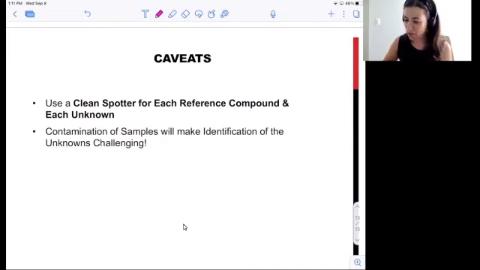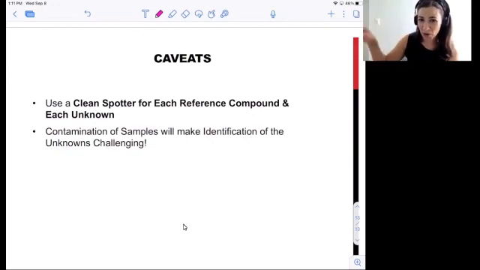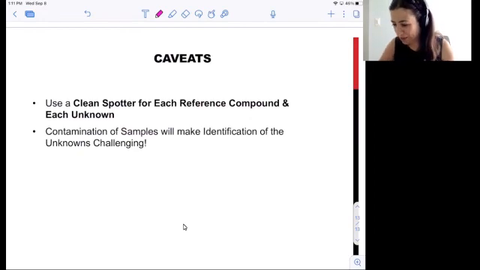But as a careful reminder, it's very important when you're using an analytical technique to determine how many compounds are present in a sample, that you use a clean TLC spotter for every new spot you make, and that you don't double dip or cross dip a spotter between samples. TLC is pretty sensitive. You only need a tiny bit of material. So if your spotter is even a little bit contaminated, it can lead to false positive results.